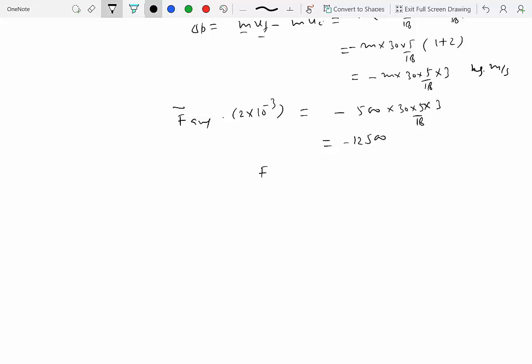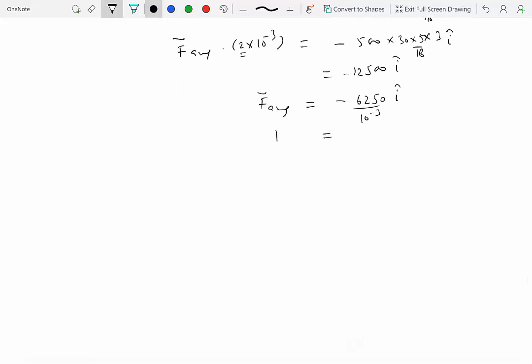Then F average, and I should write i hat over here because this is a vector quantity, would be minus, so we'll divide this by 2, so that's 6250 over 10 to the power minus 3 i hat. Wow, this is turning out to be a large number, right? So the magnitude of the average force is actually 6.25 times 10 to the power 6 Newtons, right?